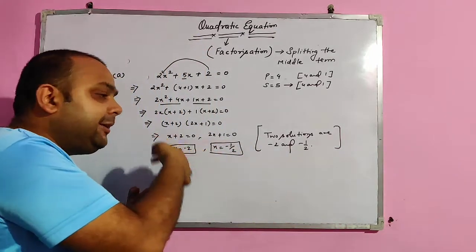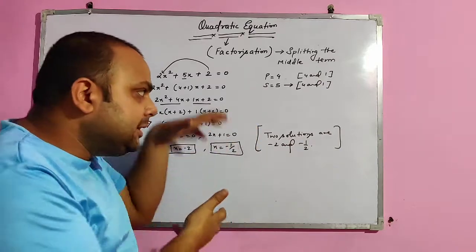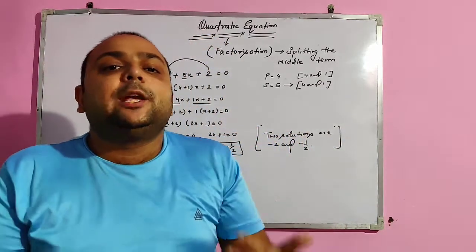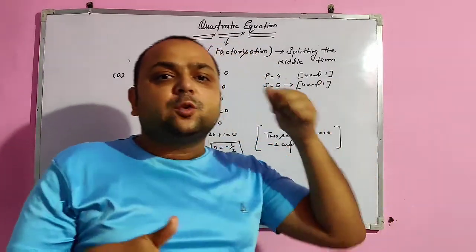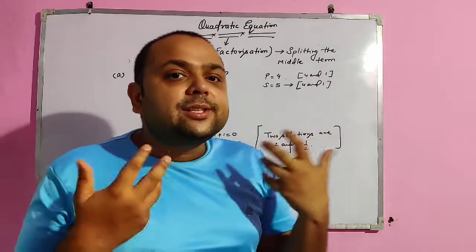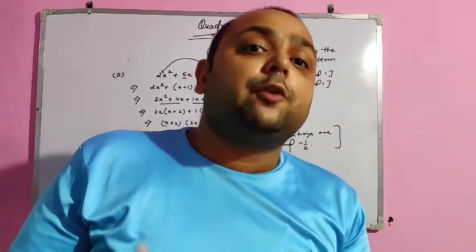So if it is positive, goes to the right side, becomes negative. This is also. So in this way, by using the splitting middle term method and equating it equal to 0, we get the two solutions for this quadratic equation. I will explain you harder level of question related to factorization in the next part of the video.